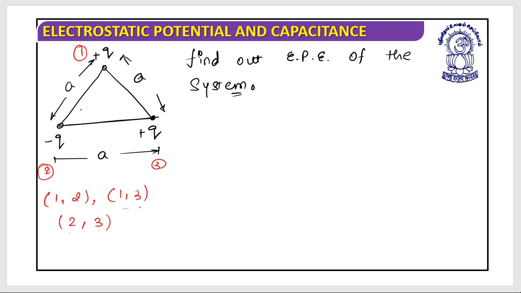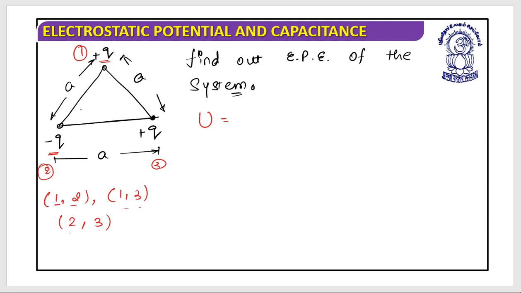Up till now, is it clear? Now you need to write the potential energy, but before you write it, always consider the charge with its sign. I repeat, you need to always consider the charges with their signs. Please remember this.